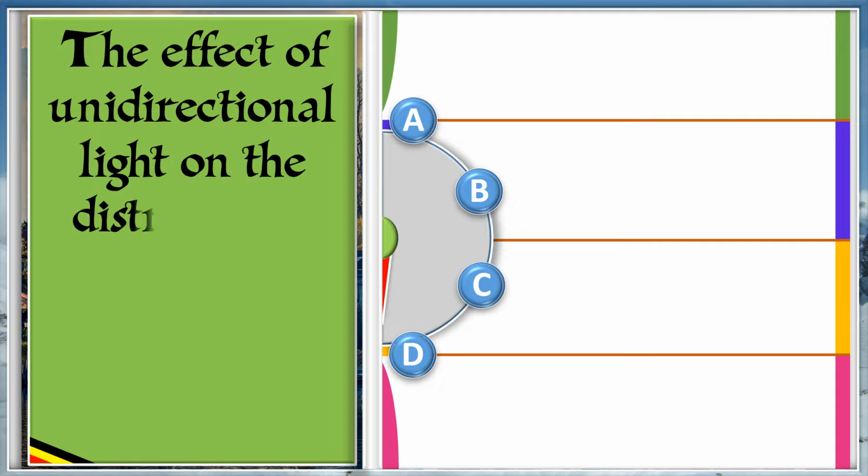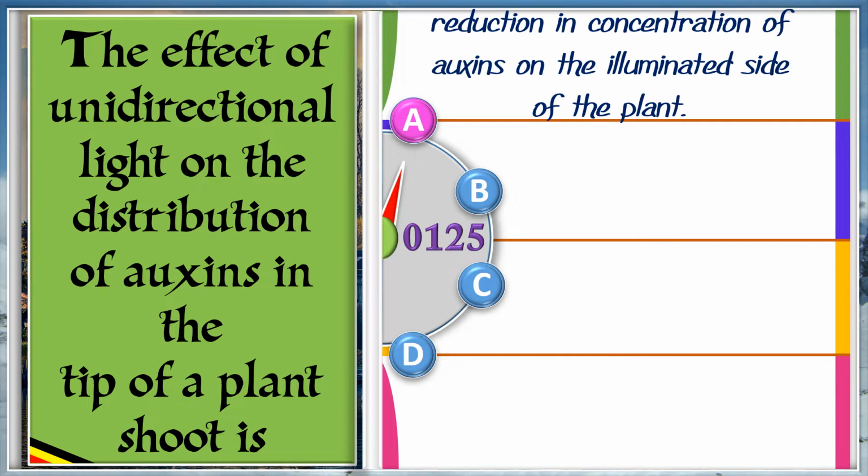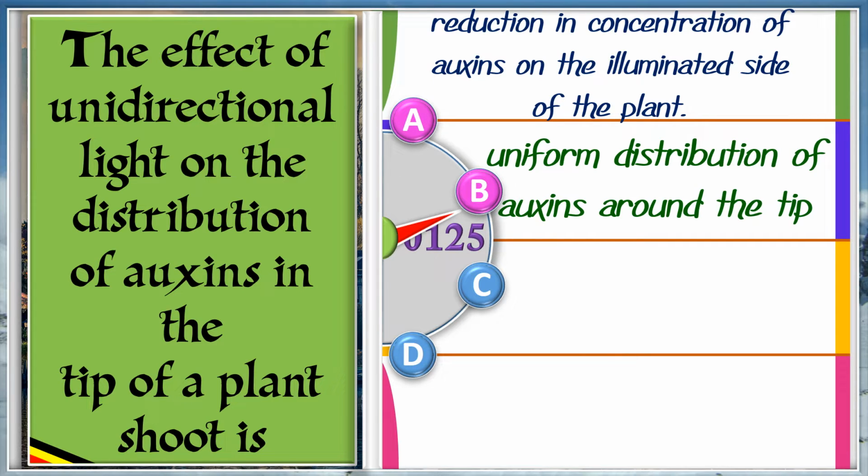The effect of unidirectional light on the distribution of auxins in the tip of a plant shoot is A. Reduction in concentration of auxins on the illuminated side of the plant. B. Uniform distribution of auxins around the tip.